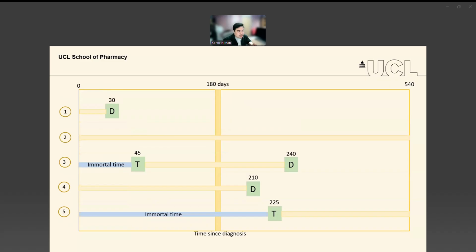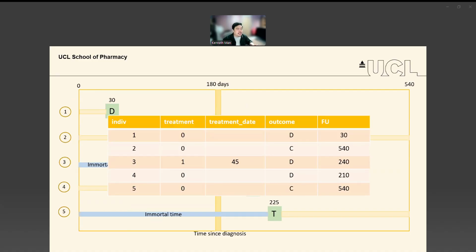So how does that look in terms of a data set? This is our original patient timeline for the 5 patients who were included in our study. Originally, we should have a data set similar to this. We have individuals 1 to 5. We have only 1 individual who received the treatment within 180 days.